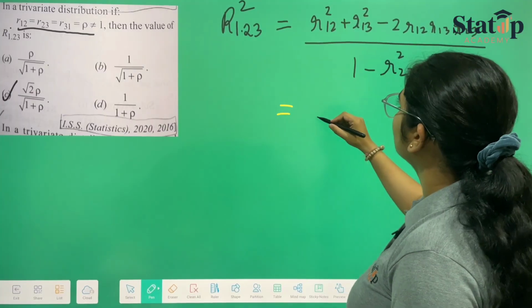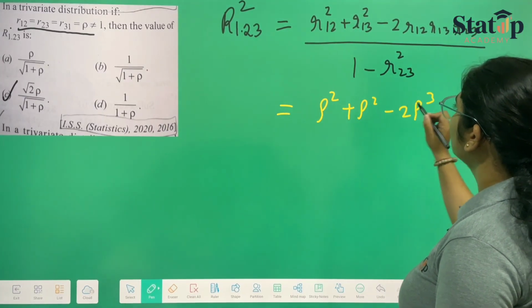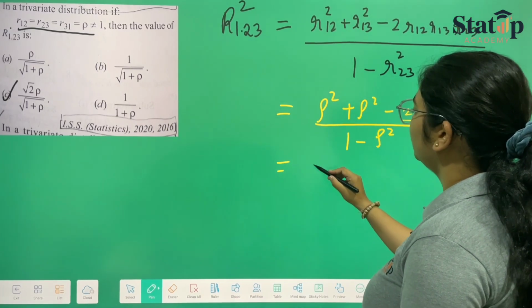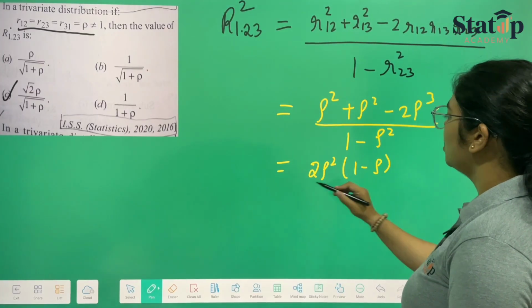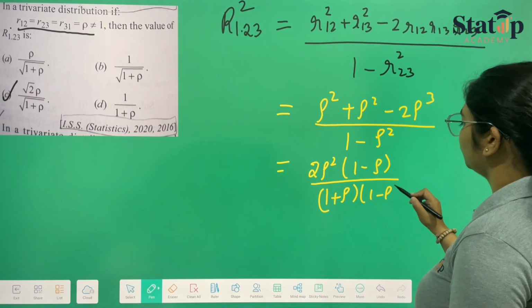Just putting the values here. Rho square plus rho square minus 2 rho cube upon 1 minus rho square. So here if we take 2 rho square outside, we will be left with 1 minus rho upon 1 plus rho into 1 minus rho.